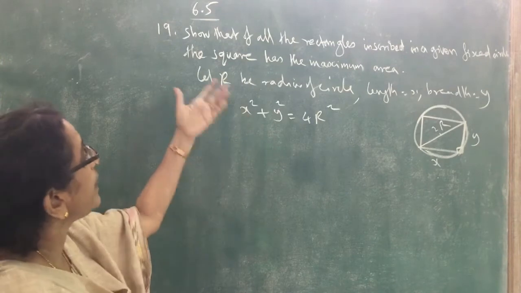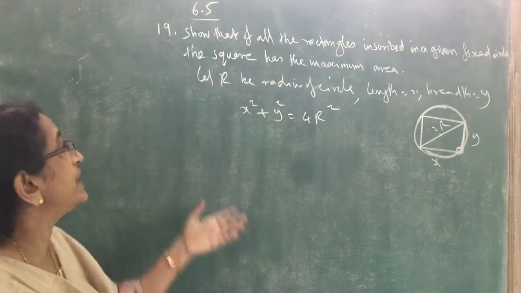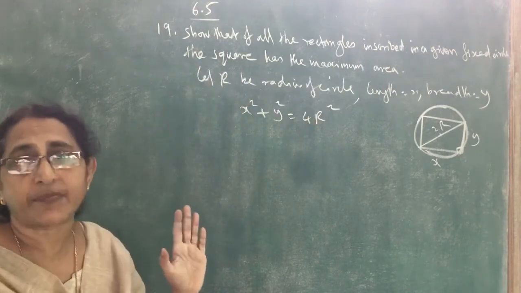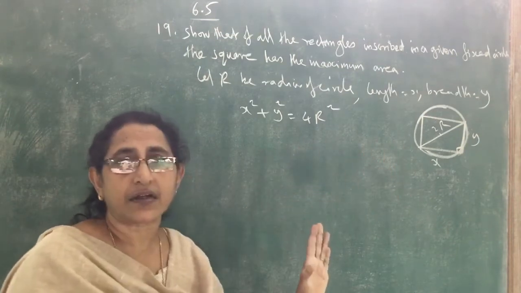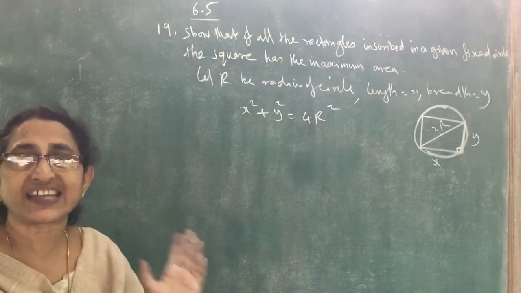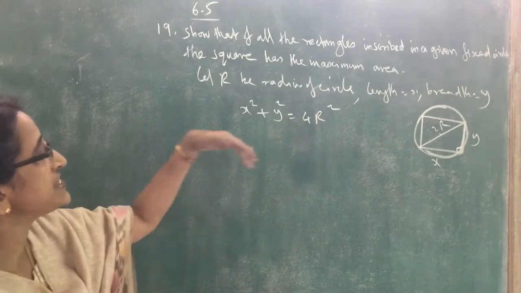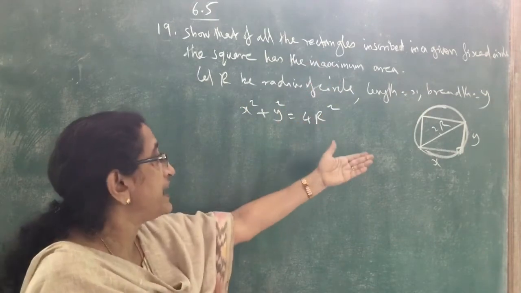And now what do we have to prove? We have to prove that the area of this rectangle is maximum when it is a square. So of all the rectangles, the square has the maximum area. That means the area of the rectangle inscribed in the circle is maximum when x equals y, length equals breadth. So we consider the function to be maximized: the area of the rectangle.